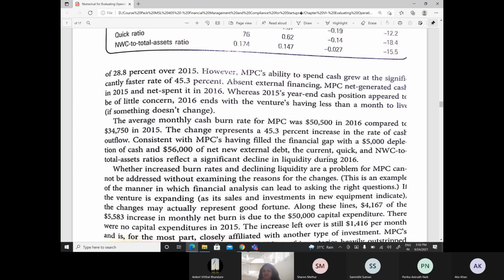Absent external financing, MPC net generated cash in 2015 and net spent it in 2016. Whereas 2015's year-end cash position appears to be of little concern, 2016 ends with the venture having less than a month to live if something doesn't change.